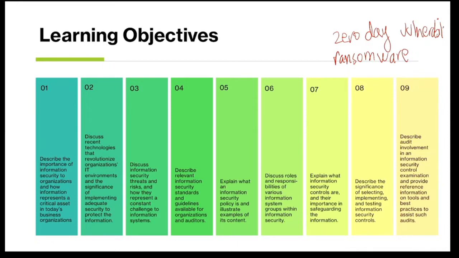We will be discussing the importance of information security to organizations and how information represents a critical asset in today's business environment, especially in what we call the information age.